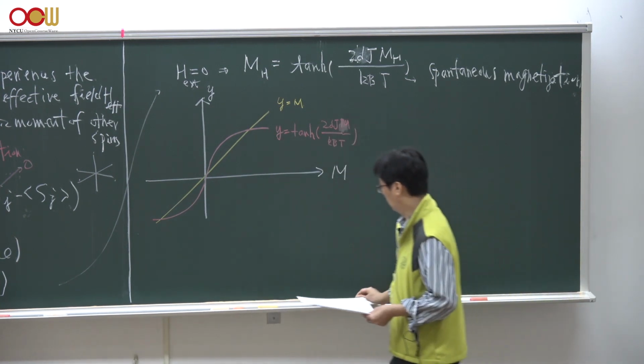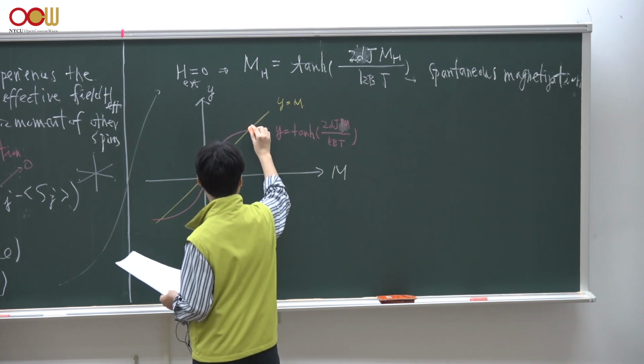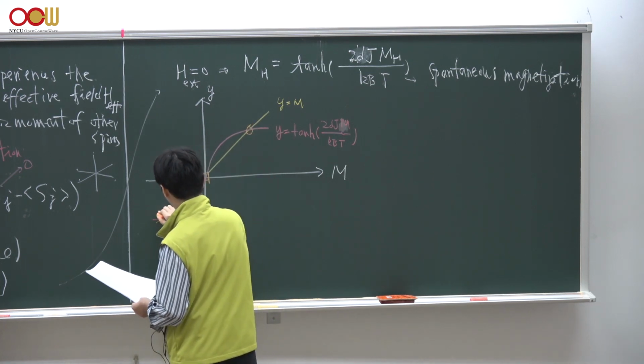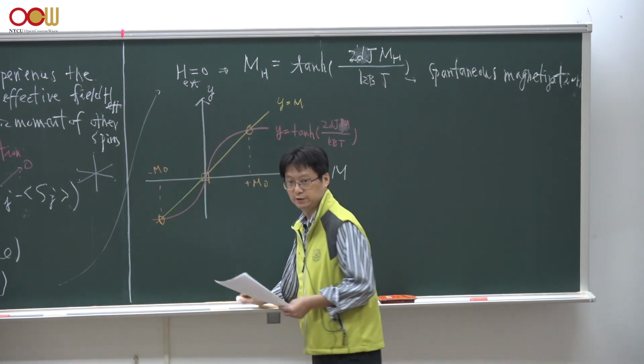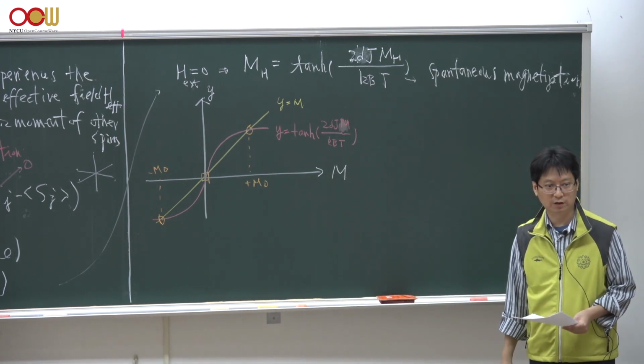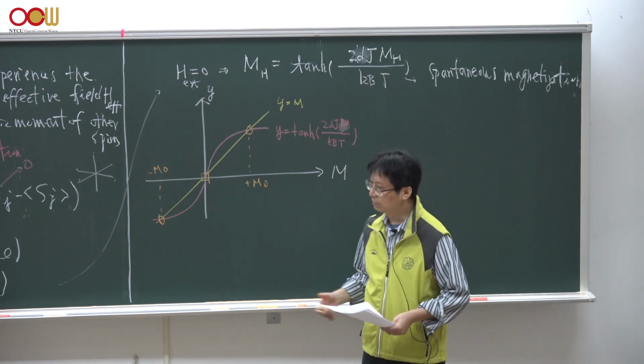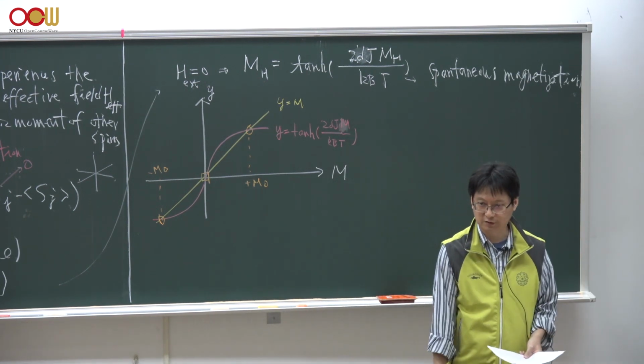Again, there are in general 3 intersections, one at 0 and the others at plus or minus m0. So you see this mean field equation is exactly the same as that for the infinite long-range Ising model, and therefore these two methods are sort of equivalent to each other.